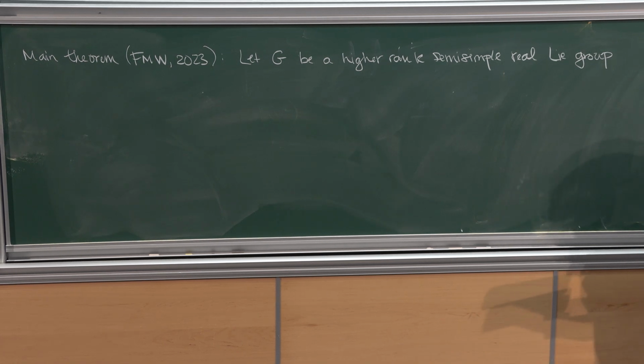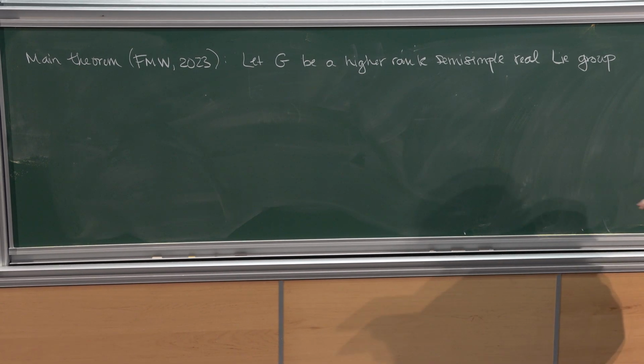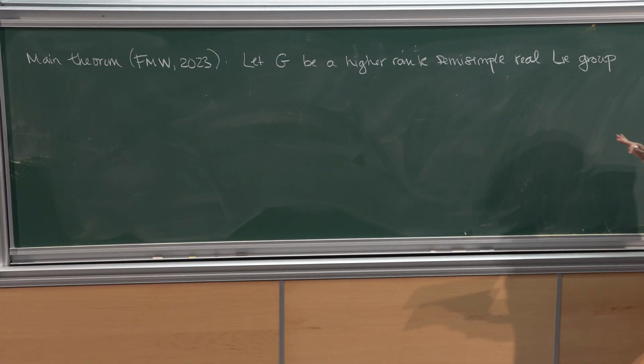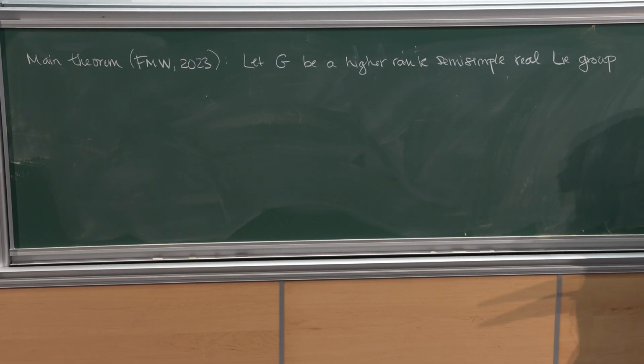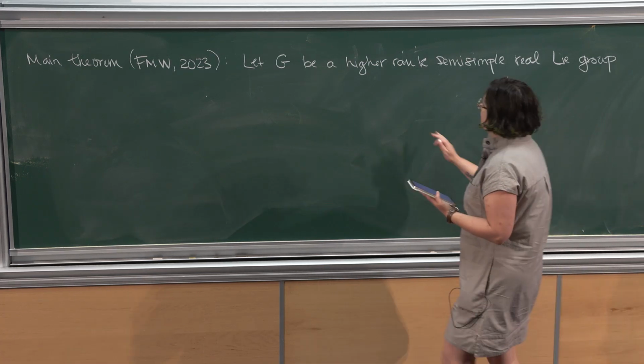So in the main theorem, G is a higher rank semisimple real Lie group. Natalie defined the rank of a real Lie group in her lecture. Maybe other people have also defined this.